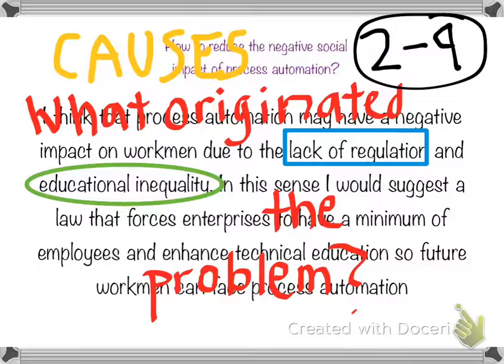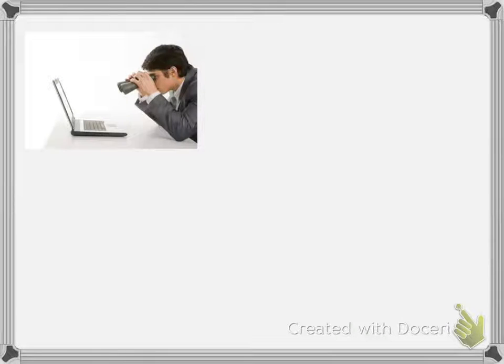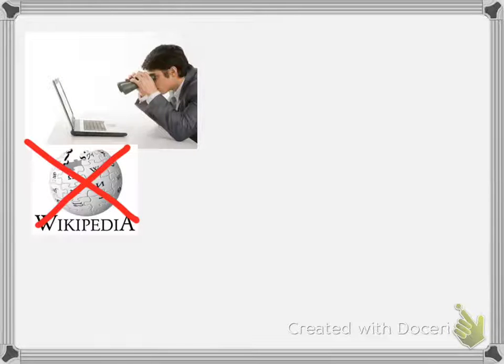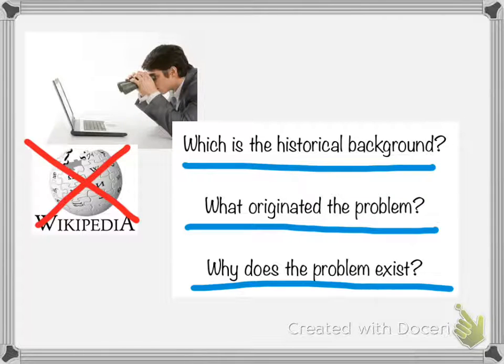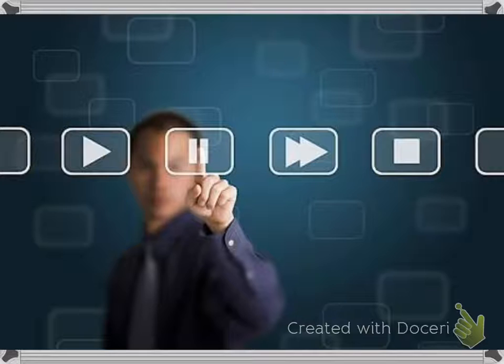Of course, you can search for some information on the internet. Nonetheless, avoid using Wikipedia and blogs. Remember, some of the questions that you may ask yourself in order to find the causes are: which is the historical background? What originated the problem? Why does the problem exist? You may pause this video now.